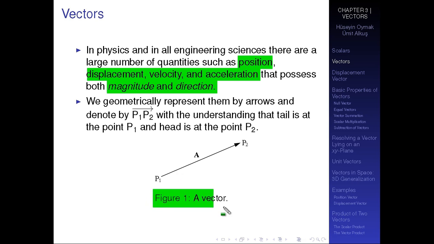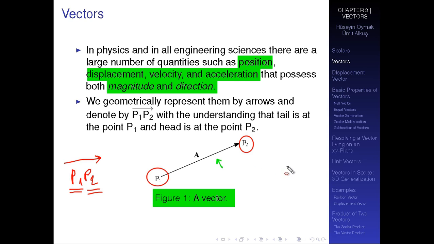As you see in this figure, we geometrically represent them by arrows, like this. And naturally, we denote them by P1, P2, and we put an arrow on top of the letters, which reminds you that the tail of this arrow is at the point P1, and the head is at the point P2.